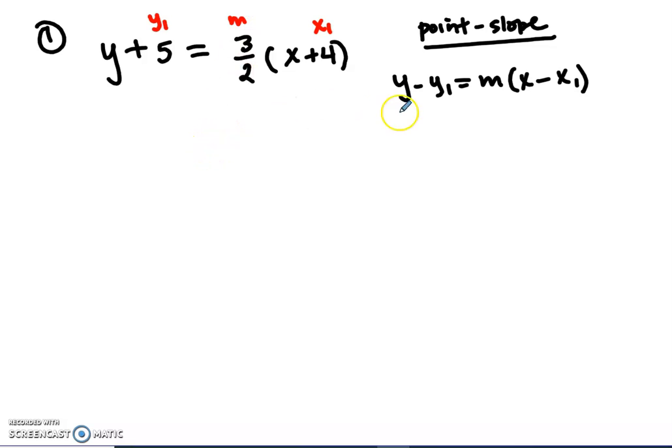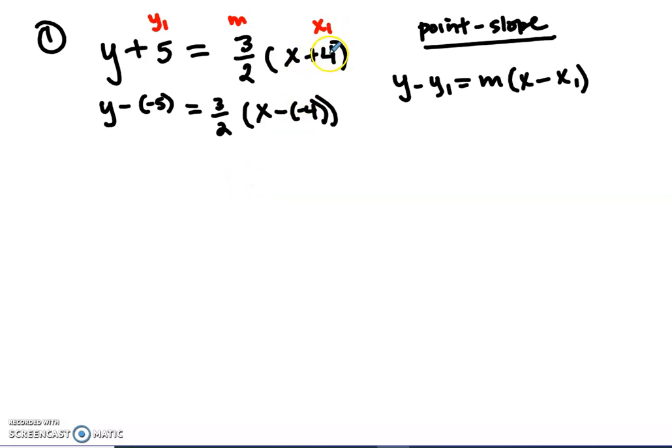But the tricky part is that in my original equation, it says y minus y1. So we have to remember that y plus 5 is y minus a negative 5, and that x plus 4 is x minus a negative 4.